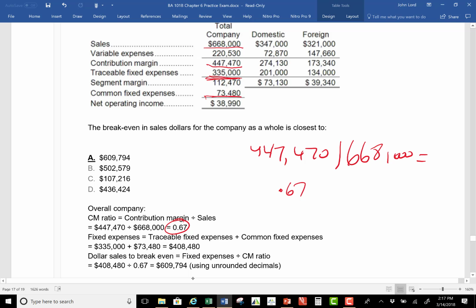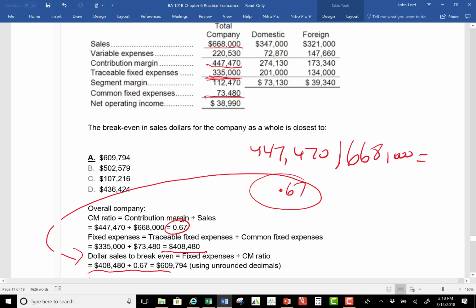When we add those two numbers together, we get 408,480. Then we simply divide that by the company-wide contribution margin ratio to give us a break even of 609,794. Got to pick up all the fixed expenses if it's company-wide, right?